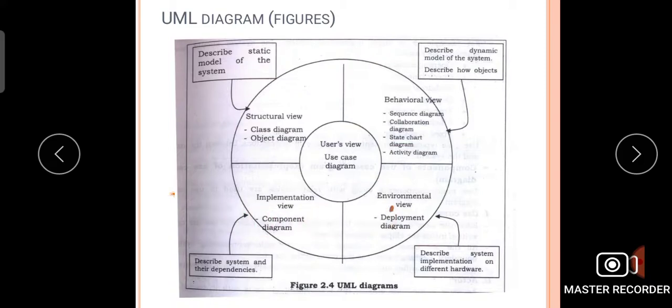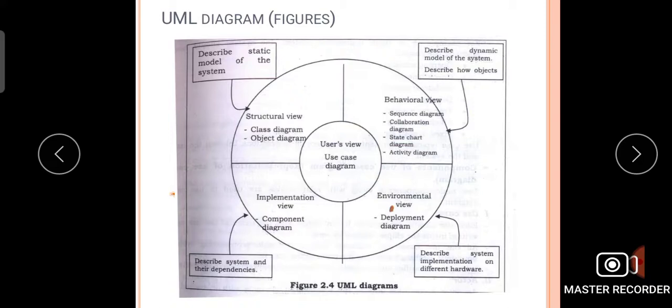The user's view has the use case diagram. So totally 5 views and 9 diagrams are contained in UML, which means Unified Modeling Language.